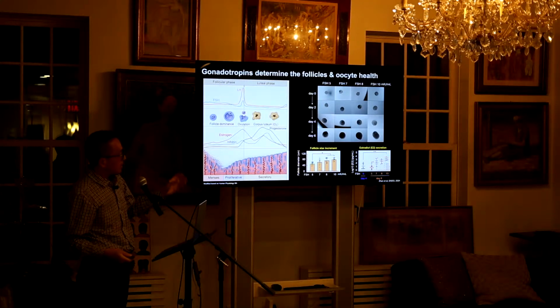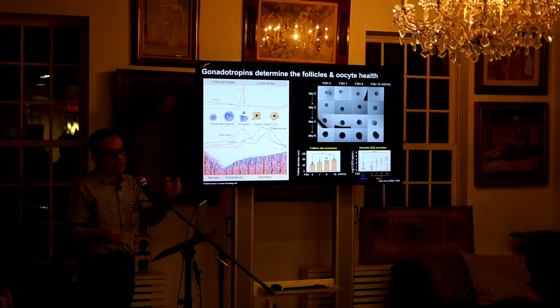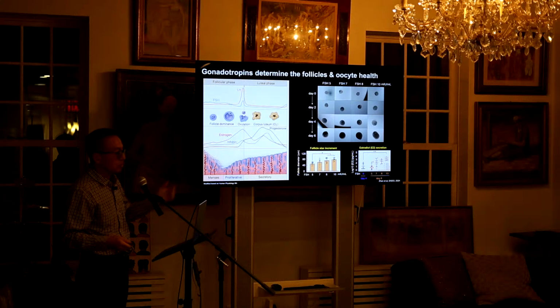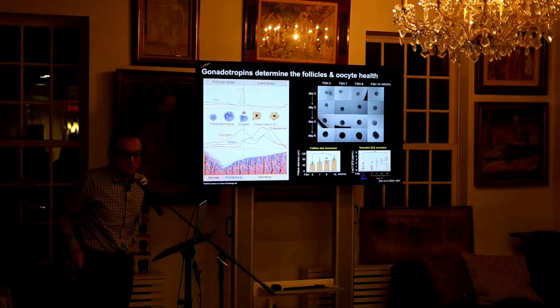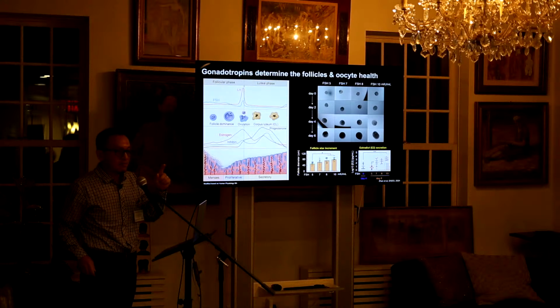That means the FSH threshold is probably around 7 to 8 milli-IU per ml, but in humans the number will be very different. Overall, this may explain why human females are mono-ovulatory, where only one follicle is selected for dominancy.